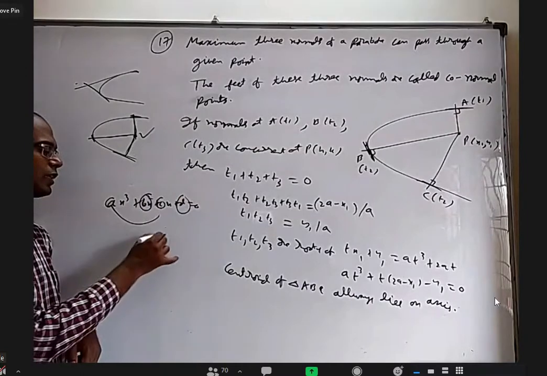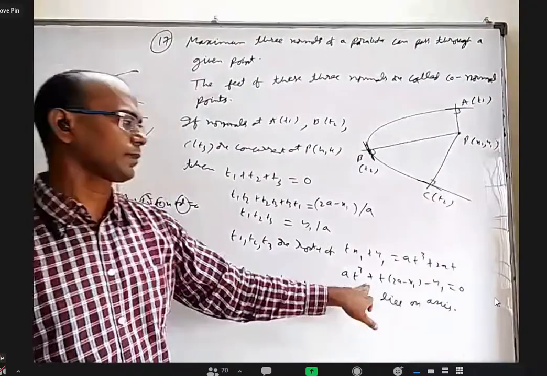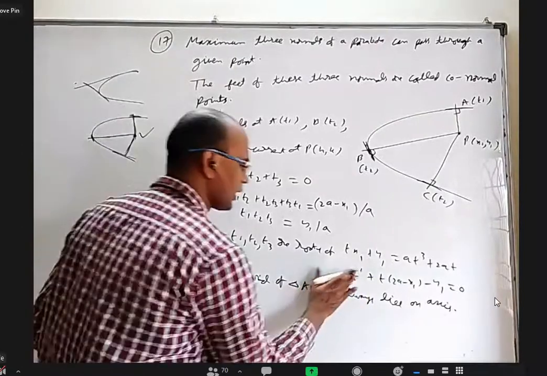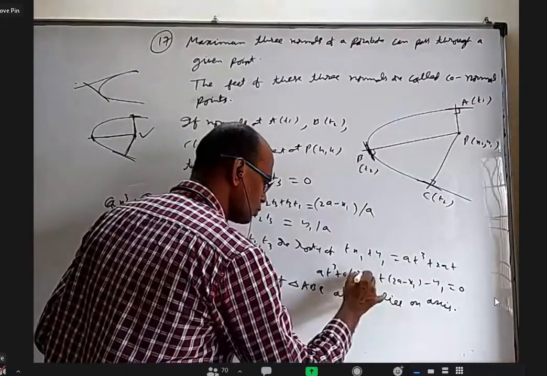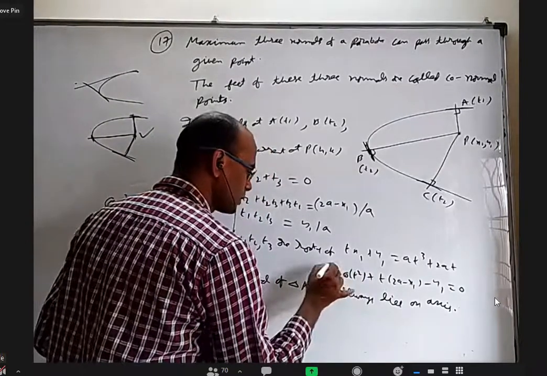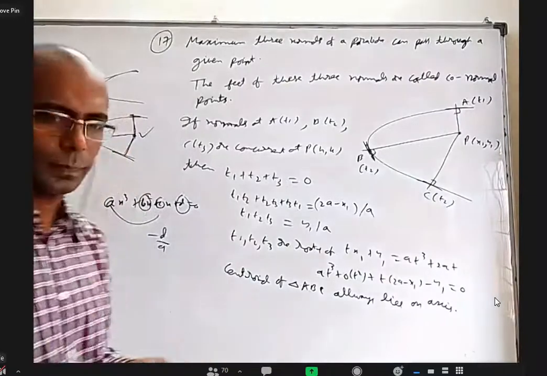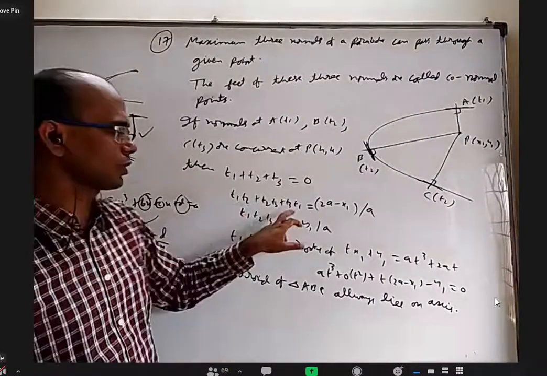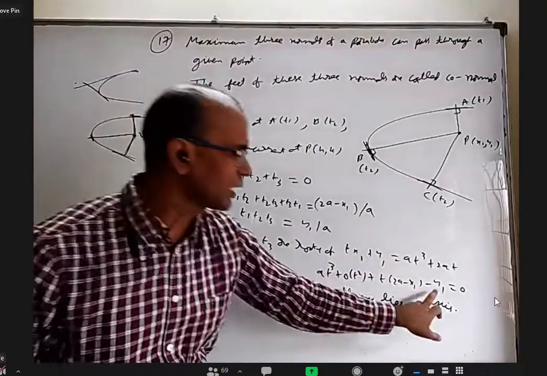And the product of all three is minus d by a. Because here t square is missing, if you want, you can even write this as at cube plus 0 into t square. Because t square is missing, the sum of the roots is 0. And if you take two things, take the t coefficient by this. That's how I wrote this. If you take the product of the roots, negative of this by this.